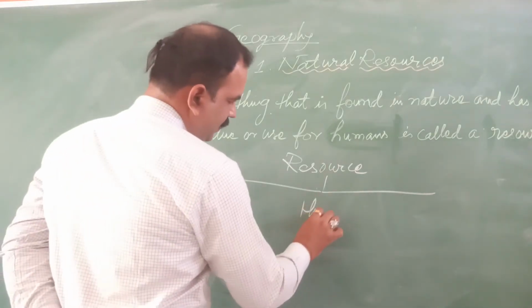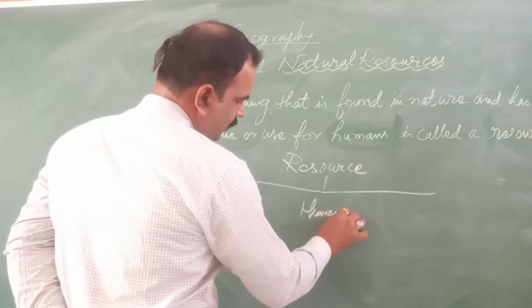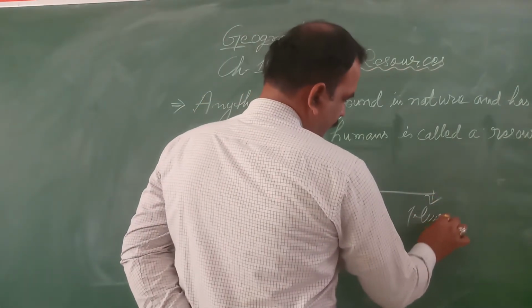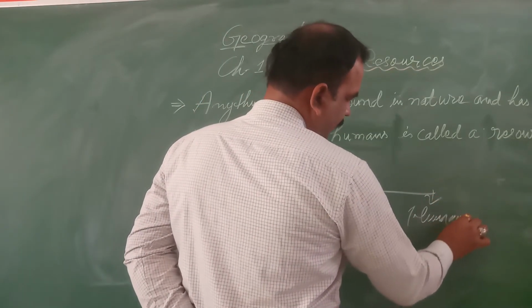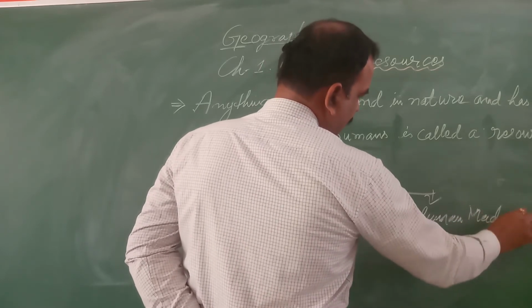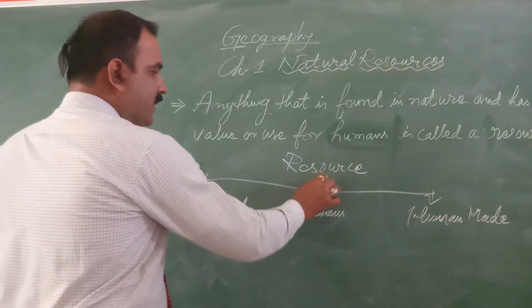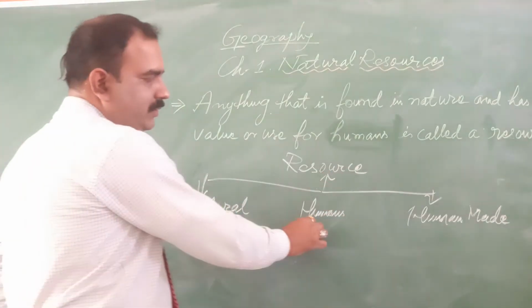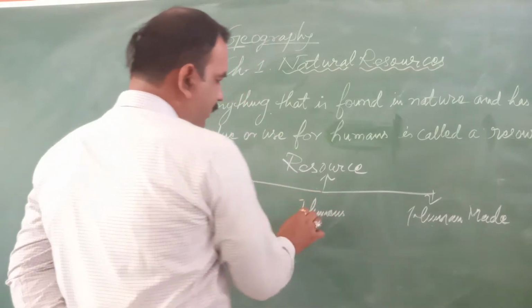Resources can be of three broad types: natural, human, and human made.